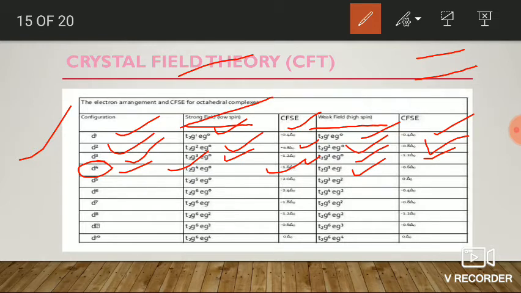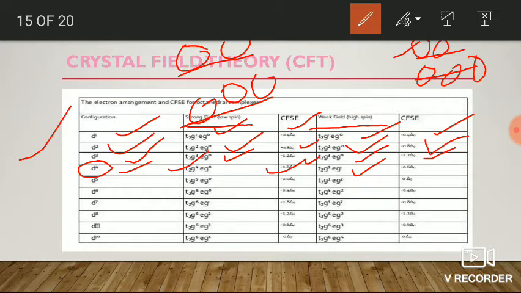Here there are 3 orbitals in T2g and 2 orbitals in Eg. Due to the small energy gap in the weak field, the fourth one enters the Eg set.